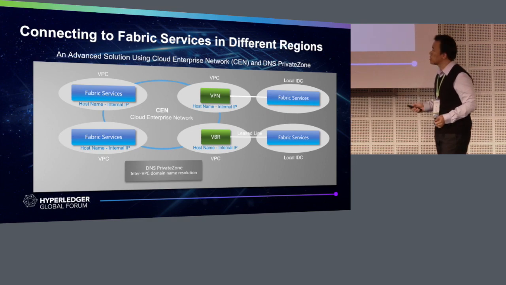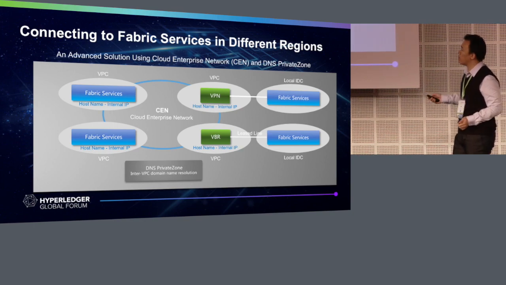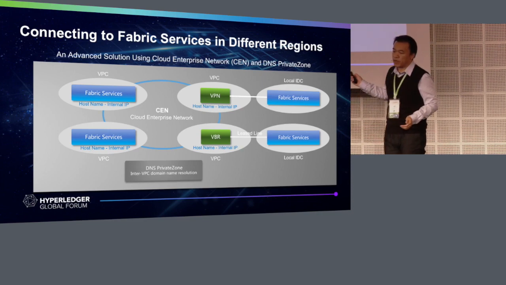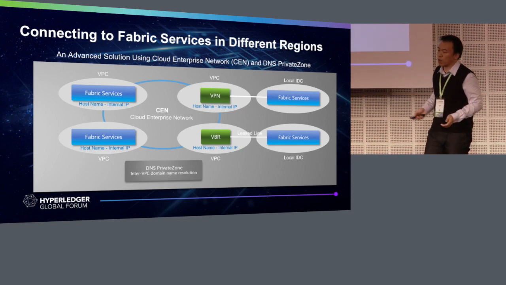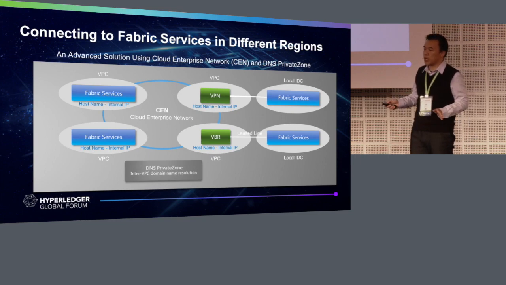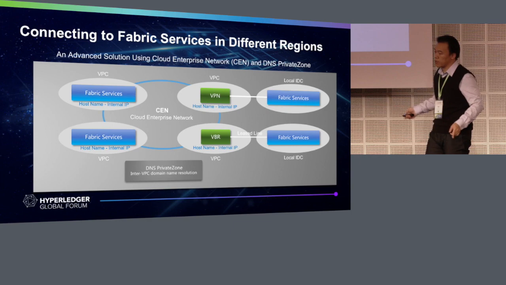In this case, also thanks to the cloud, we have CEN, called Cloud Enterprise Network. It can connect all the VPCs into a ring network so that these VPCs can connect to each other using just internal IPs without exposing anything to the public network.